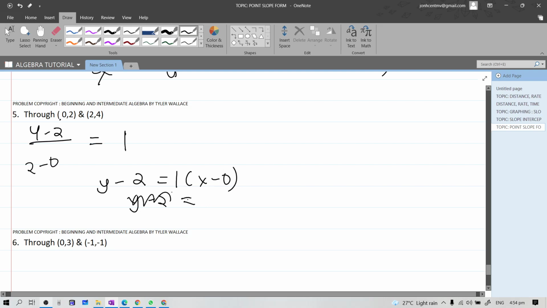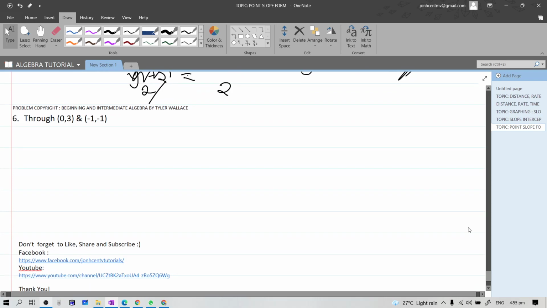Okay, so let us be quick. Adding both sides, we will have y is equals to x plus 2. Because 1 times x is x, then 1 times 0 is 0. So, x plus 2. So, this is the answer.